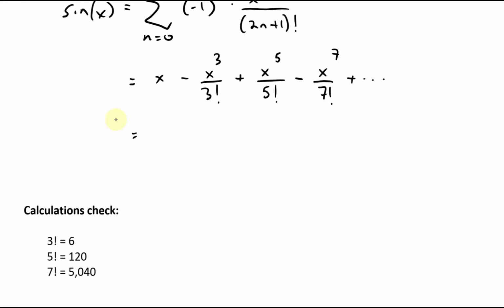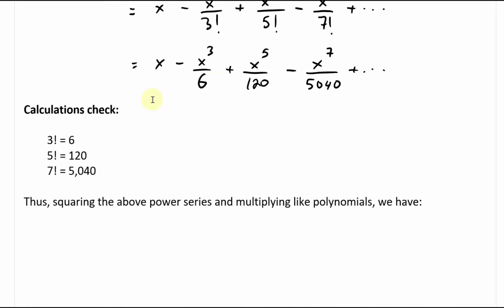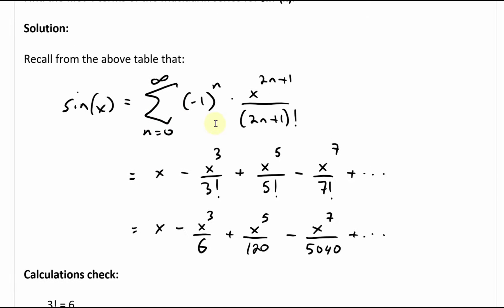So this is just x minus x cubed over 6, plus x to the 5 over 120, minus x to the 7 over 5,040, and plus. Now that we have this, and also, this is for all x.